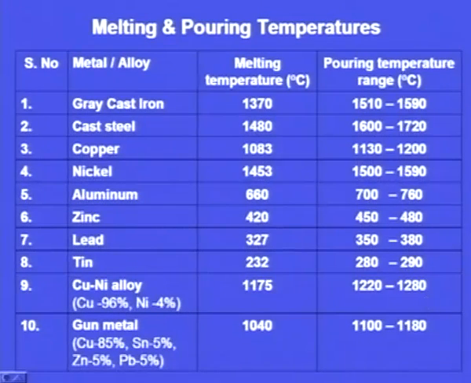And if we take gunmetal, whose composition is copper 85%, tin 5%, zinc 5% and lead 5%, the melting temperature is 1040 degrees centigrade and the pouring temperature varies between 1100 and 1180 degrees centigrade. So, these are the melting and pouring temperatures of some important cast alloys and metals.